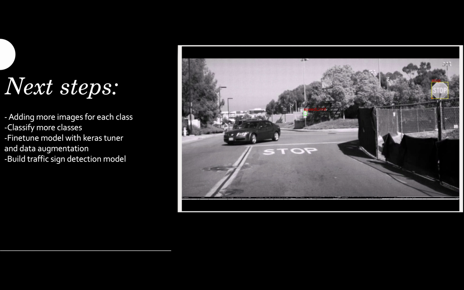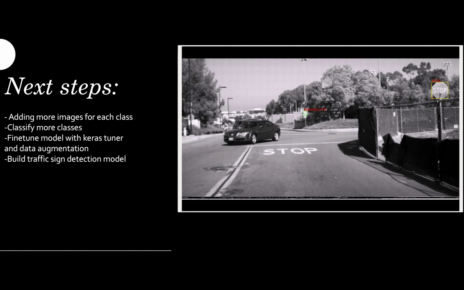So the next step will be adding more images for each class, and I will try to classify more, adding more classes rather than just having four classes. And I will use Keras Tuner to tune the model to get a better result. I'm probably going to use data augmentation to feed the data into the model.